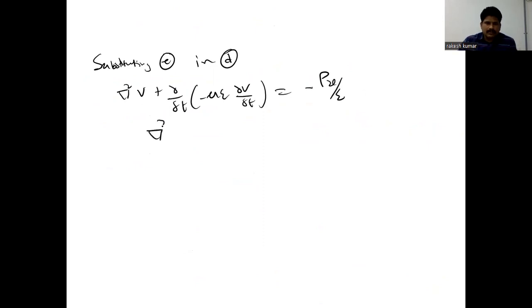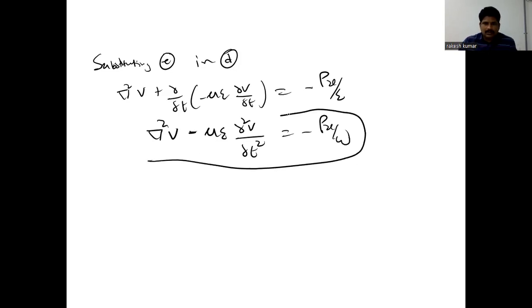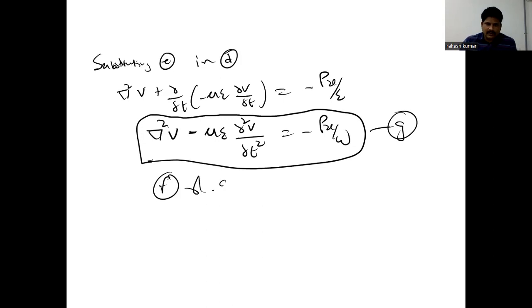So del square V minus mu epsilon del square V by del t square is equal to minus rho V by epsilon. Let us consider this expression as G. So we have got expressions F and G.